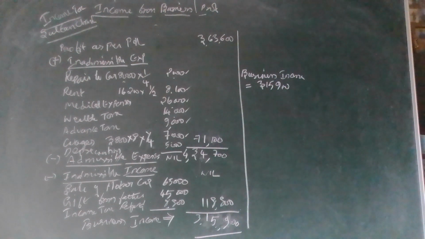Whereas in this point, depreciation is inadmissible. Why? Normally it is admissible, whereas here it is inadmissible because the asset is sold off in the same year of purchase. In the same year they purchase, they sell the motor car. So it is an inadmissible expense.